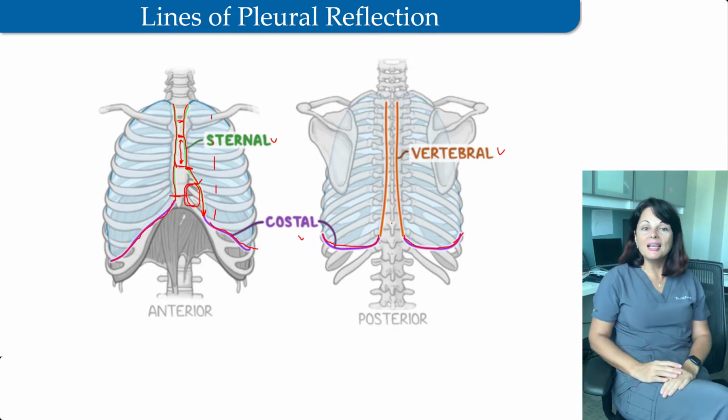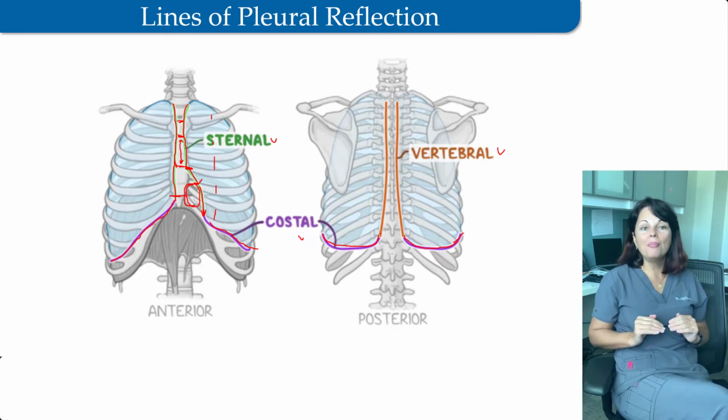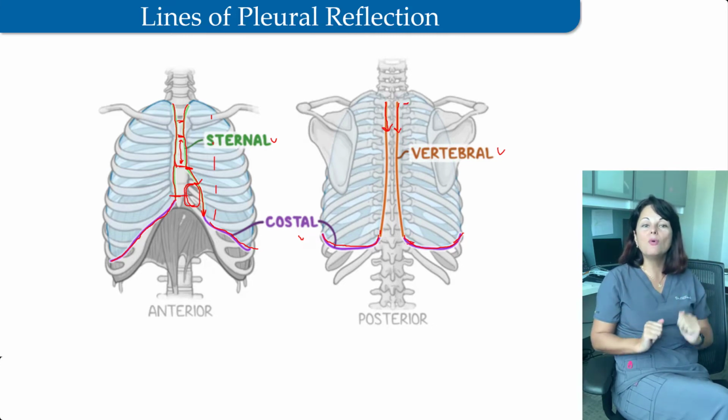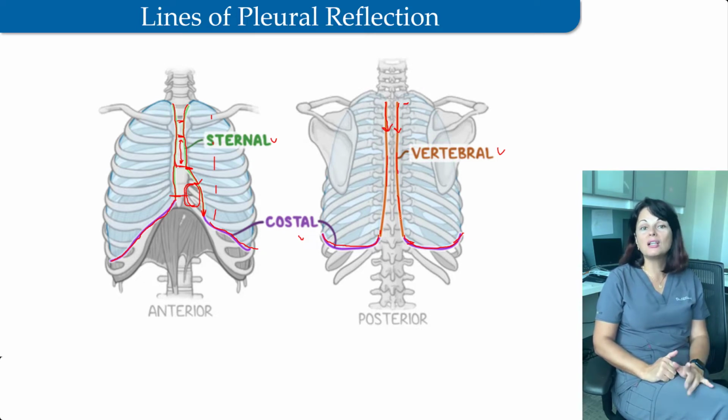The vertebral lines of pleural reflection are much rounder and occur where the costal pleura becomes continuous with the mediastinal pleura posteriorly. The vertebral lines of pleural reflection parallel the vertebral column, running in the paravertebral planes from vertebral level T1 through T12, where they become continuous with the costal lines.